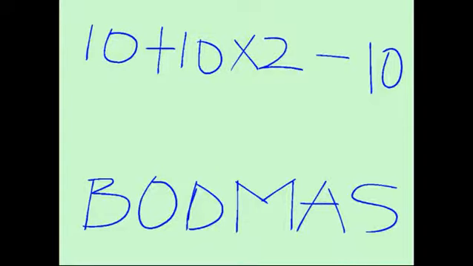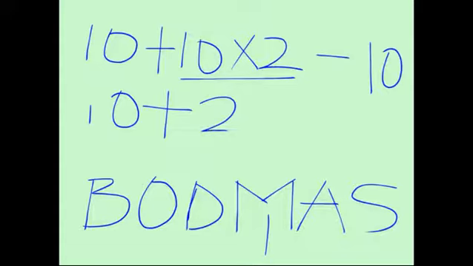Looking at this question, there are no brackets, no of, no division. What comes next? Multiplication. So first of all, you write this as 10 plus 10 times 2, which is 20, minus 10.